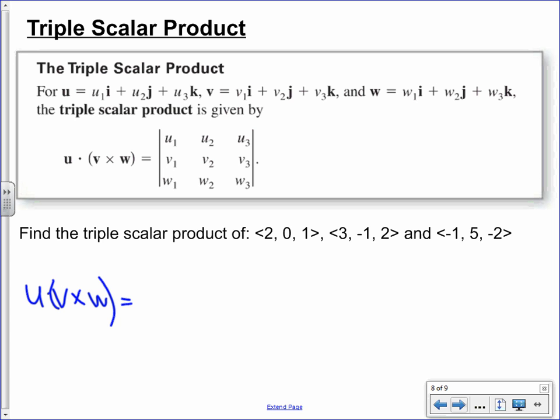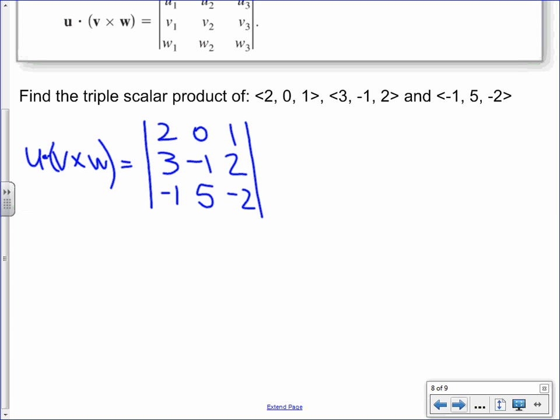So U dot V cross W, also known as our triple scalar product. We're going to take this 3 by 3 matrix and make it 2, 0, 1, 3, negative 1, 2, and negative 1, 5, negative 2. So then to evaluate this determinant, we're going to do all of our products here. So, going down. Help me out. 4 plus.